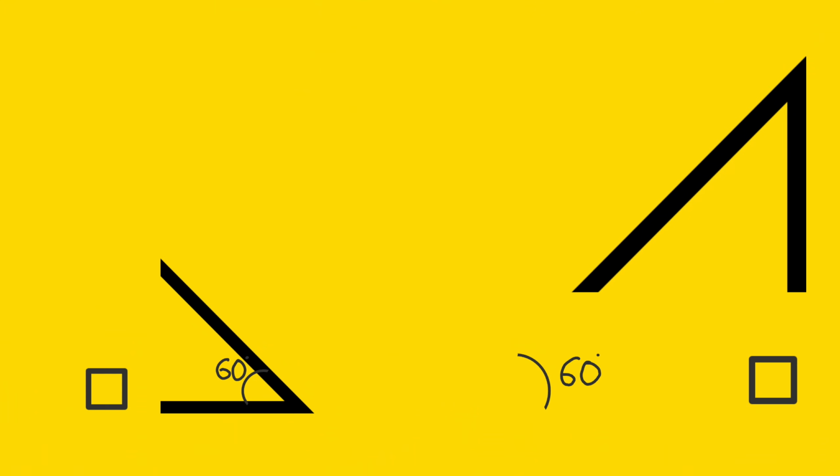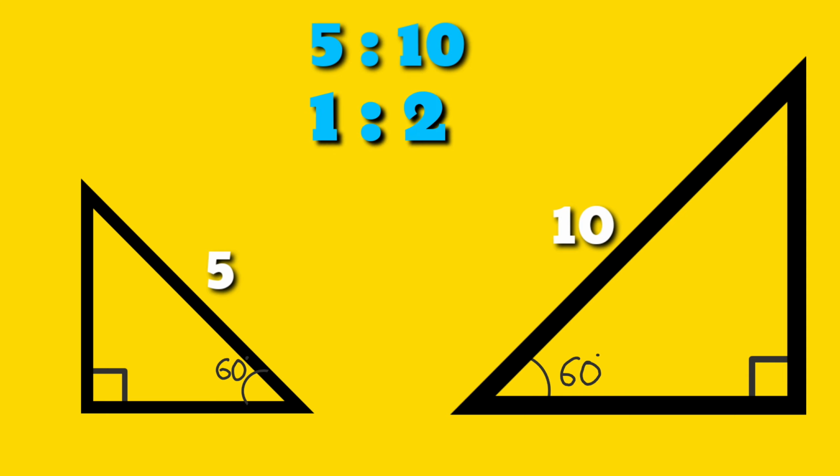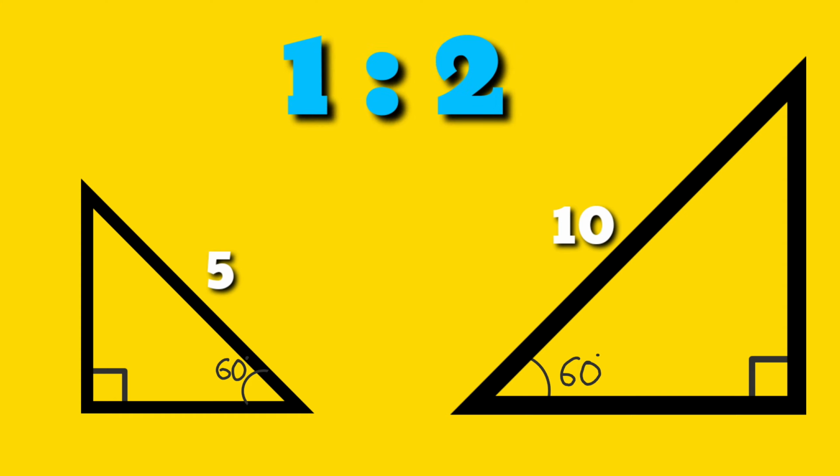Didn't understand anything? Well, let me explain with a very simple example. Let's say again we have two triangles here, and again two angles are equal. The hypotenuse of this is 5 and this is 10, right? So here you can see the ratio of the first corresponding side is 5:10, or we can cut this down, so this is 1:2. This ratio would be followed by the other two corresponding sides also.